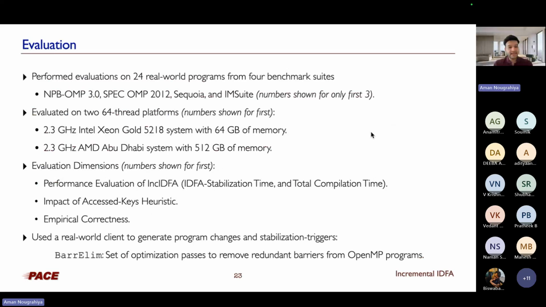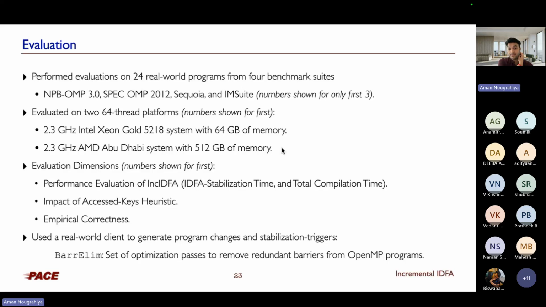So we have performed evaluation on 4 benchmark suites, NPB, Spec, Sequoia, and IM Suite. And we have performed evaluation on two 64-thread platforms, an Intel and AMD platform with 64 GB and 512 GB of memory. The reason why we performed this evaluation on two different machines is because when we are processing a lesser number of nodes, the amount of memory that we are going to generate will also reduce significantly.